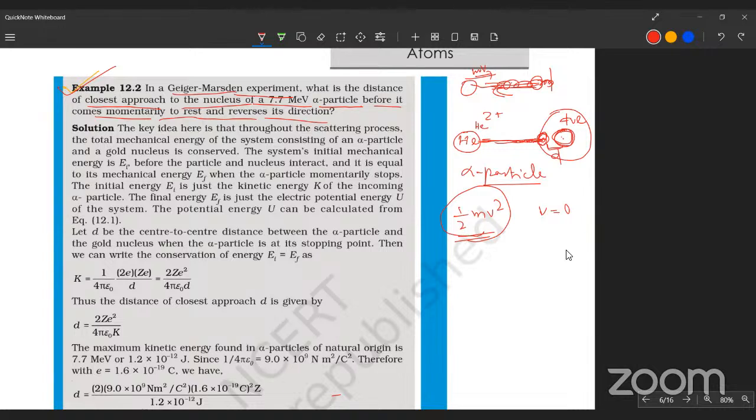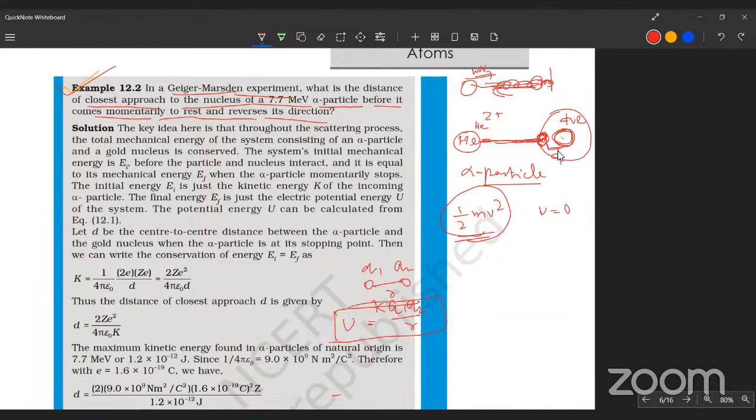So when the particle is at a distance r from another charge, let's say two charges are separated by a distance r, what is the potential energy? The formula is k q1 q2 by r. If the charges are identical, then k q square upon r.